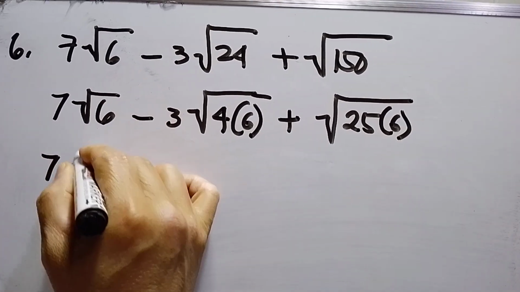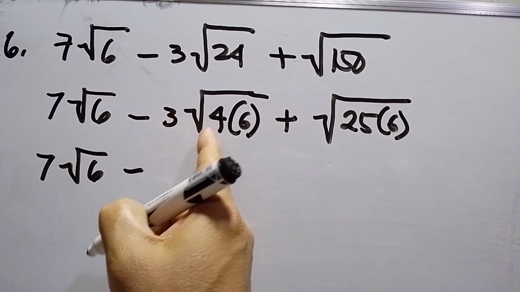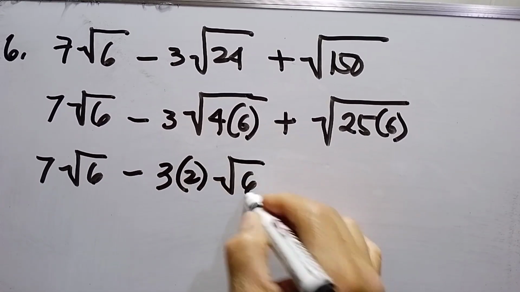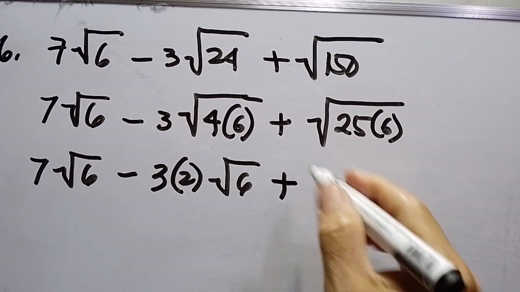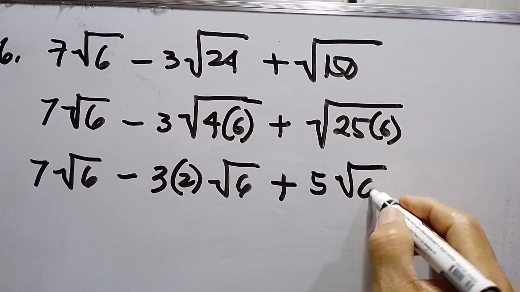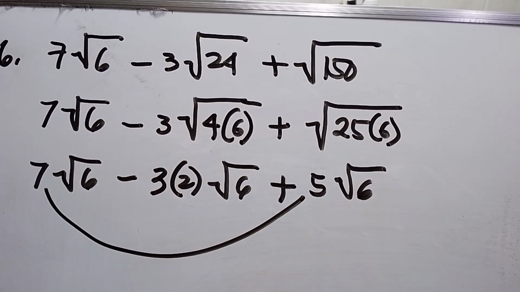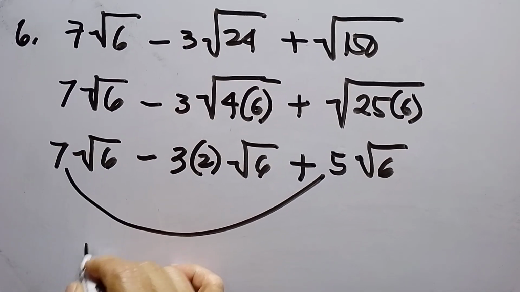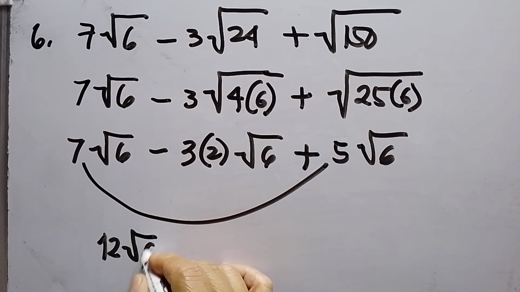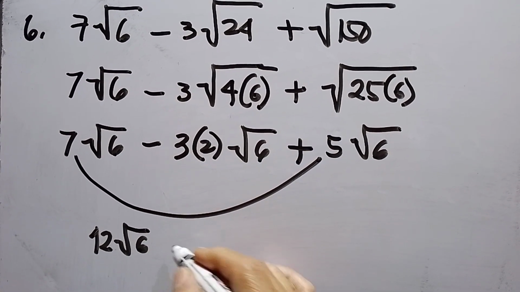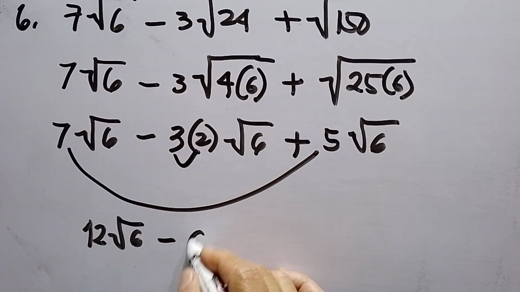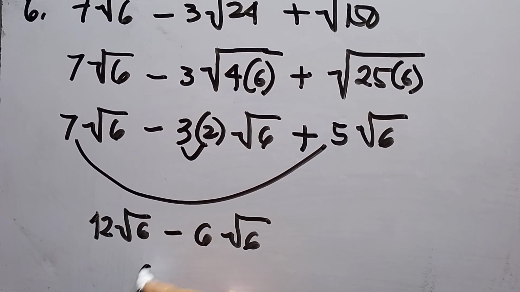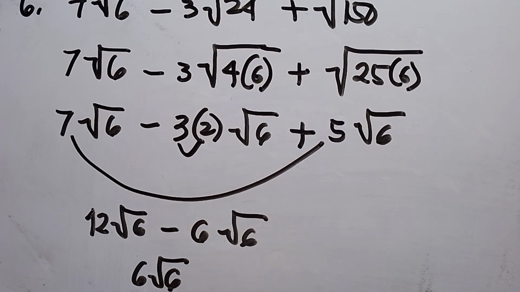So 7 square root of 6. This will be square root of 4 is 2. Then square root of 6 plus square root of 25 is 5. Square root of 6. Combine positive. So this will be 12 square root of 6. Then this one will be minus 6 square root of 6.